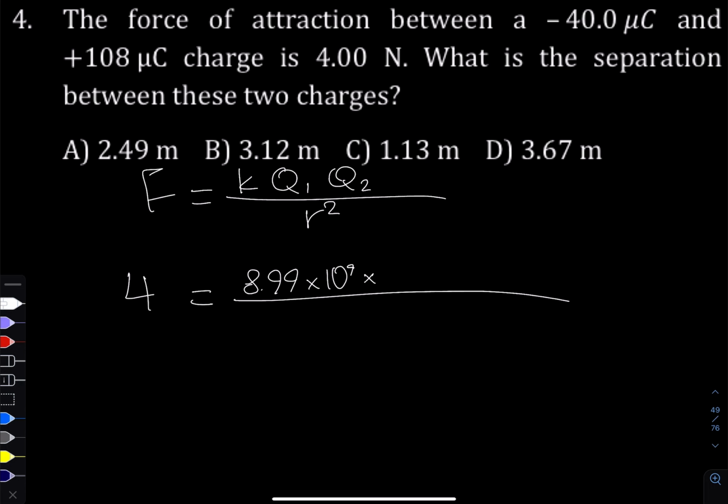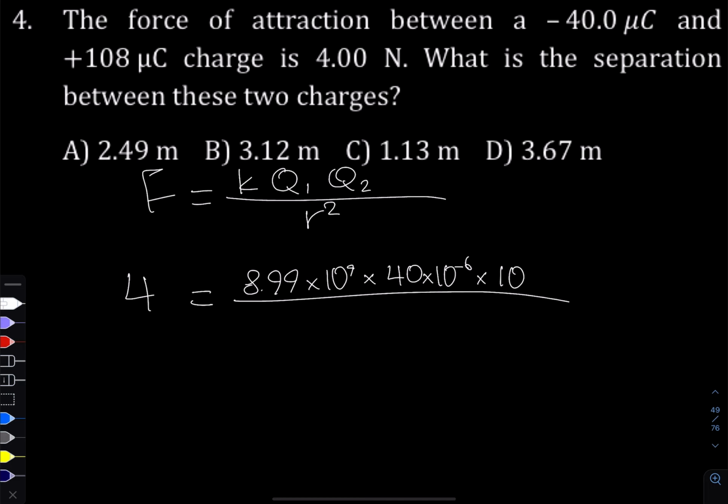And the first charge, at least one of them, is 40 microcoulombs, and that's going to be 40 times 10 to the negative 6 coulombs. And then we have one charge that's 108 microcoulombs. Yeah. So now we need to find R.